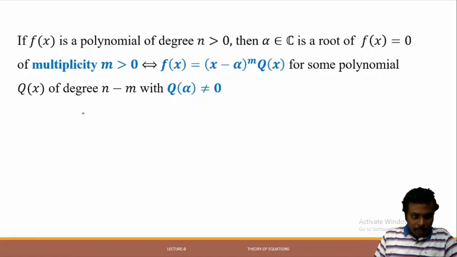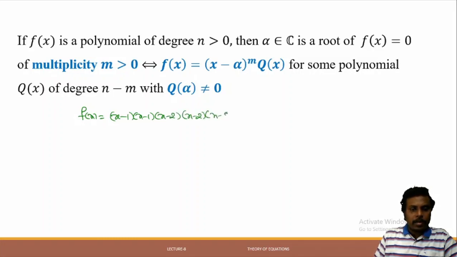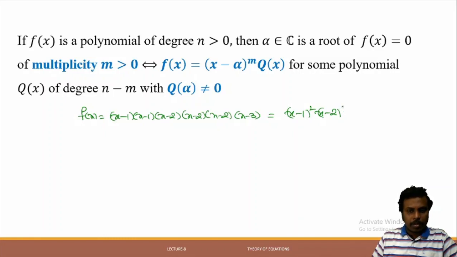Now let us consider the previous example which we have discussed. This is f of x is equal to x minus 1 into x minus 1 into x minus 2 into x minus 2 into x minus 2 into x minus 3. Now this can be written as x minus 1 whole square into x minus 2 whole cube into x minus 3.